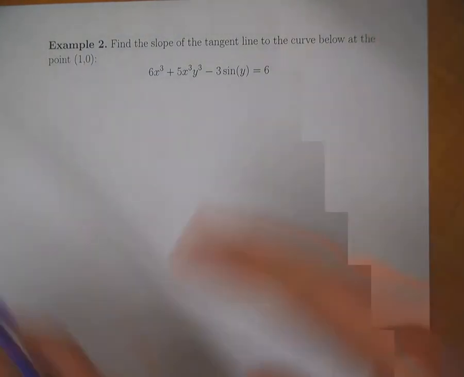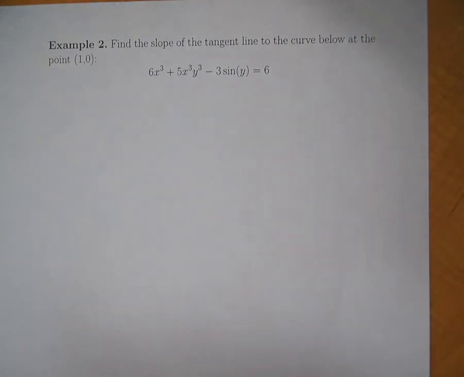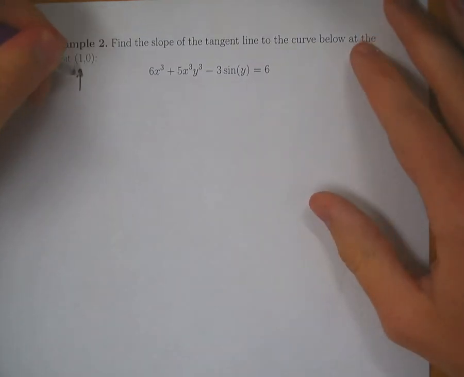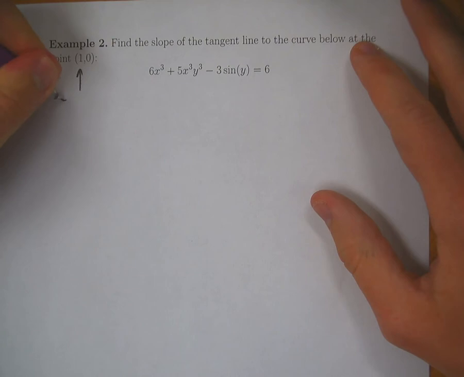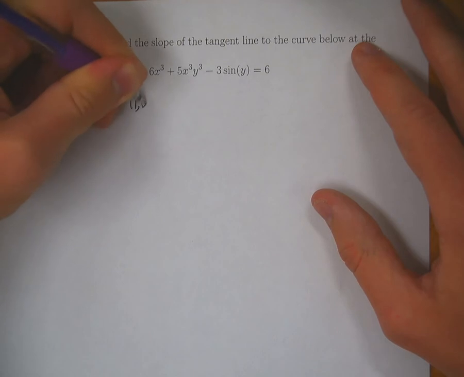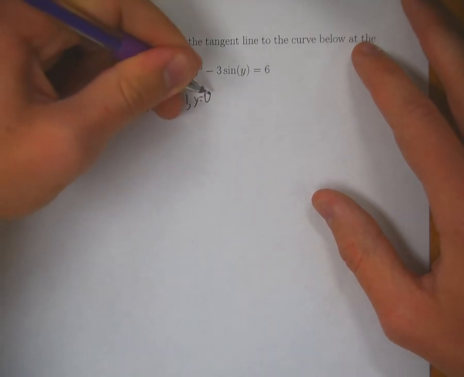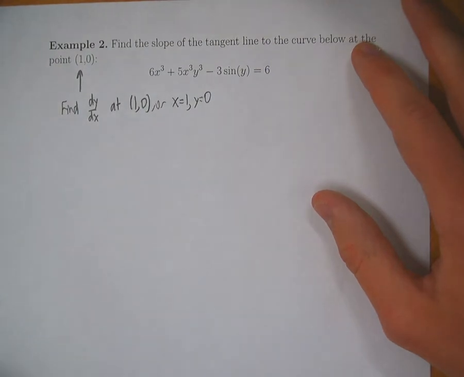So we're still doing step A and B, but all we really have to do here is just find the slope of the tangent line. So essentially just find dy over dx at (1, 0), or x equals 1, y equals 0.